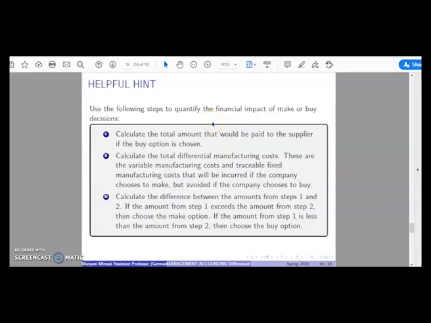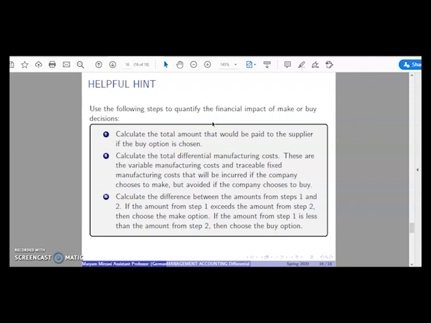So now that we had some exercises for different cases, special orders, make or buy, I want to get your attention about these three steps that will help you a lot to not make any mistake when you want to make a decision in terms of make or buy decision.